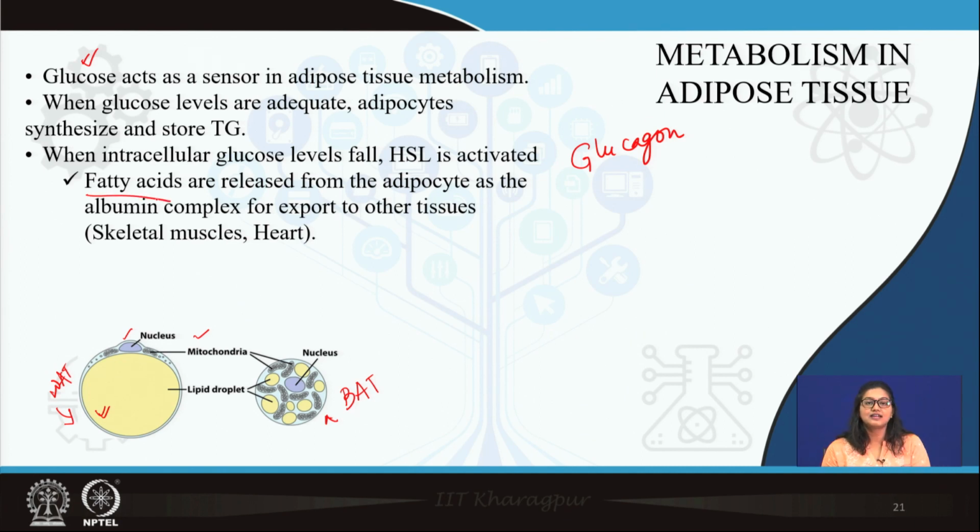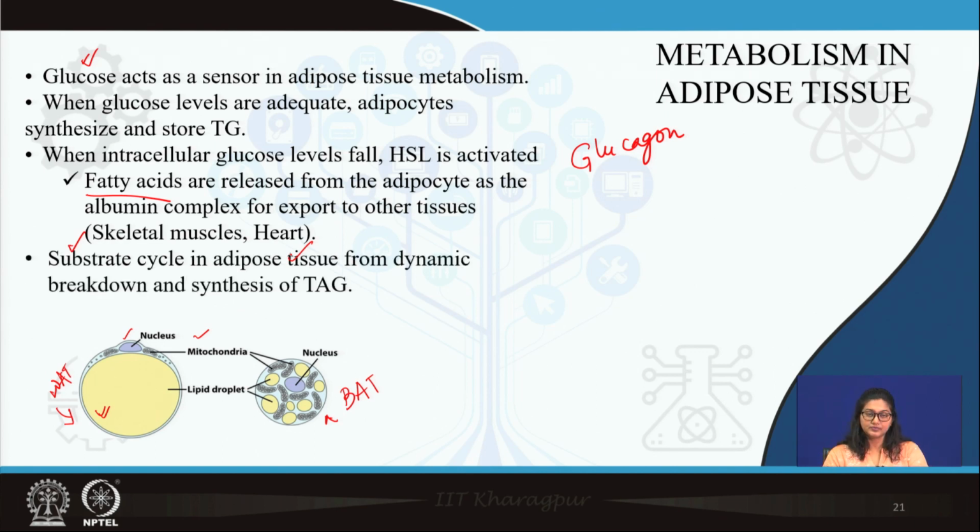Now these free fatty acids then supply energy. How? Fatty acids bound to albumin are exported to different tissues like skeletal muscle and heart, and there they are utilized for beta oxidation, providing energy. So this is the role of adipose tissue based on the blood glucose availability.